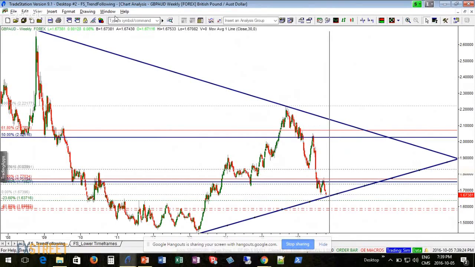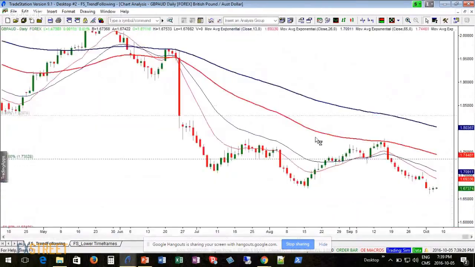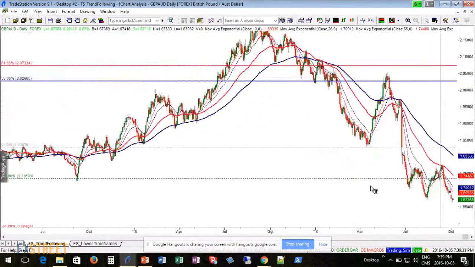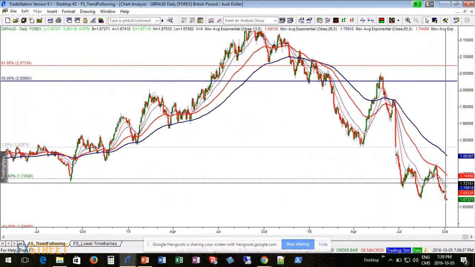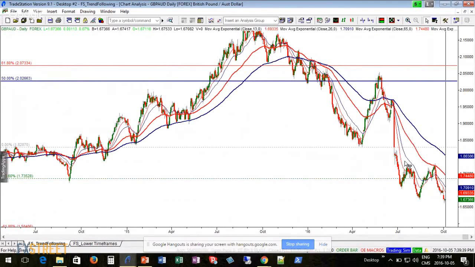Okay, so when we go back and go down to the daily, and we superimpose the other models, we can clearly see participation in the daily bearish value area here.